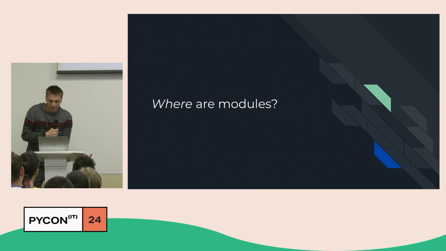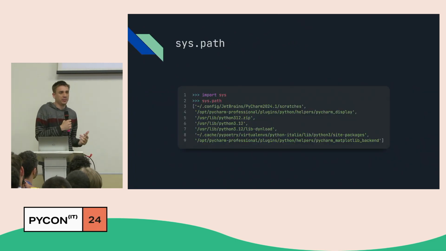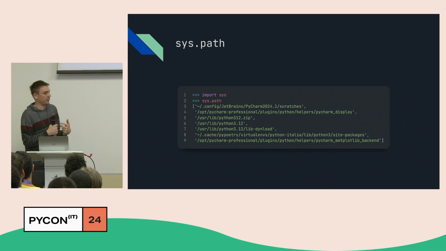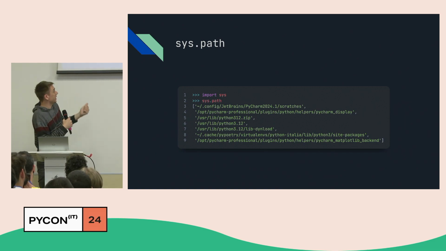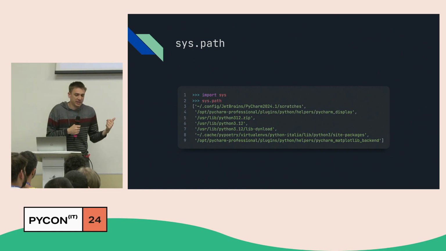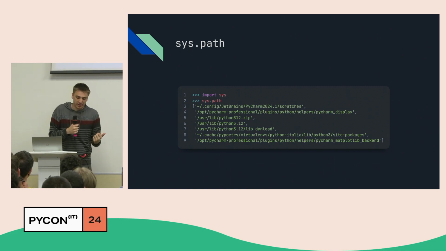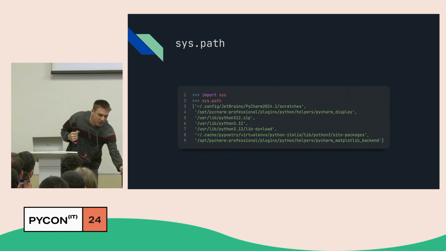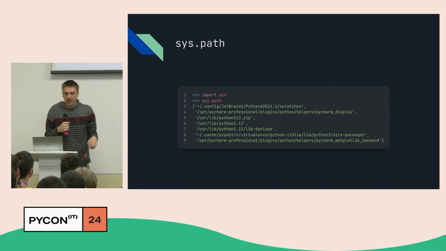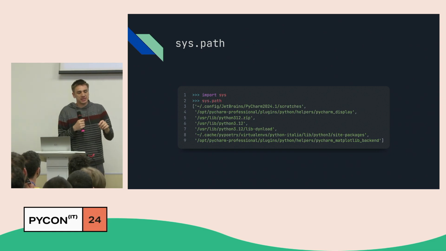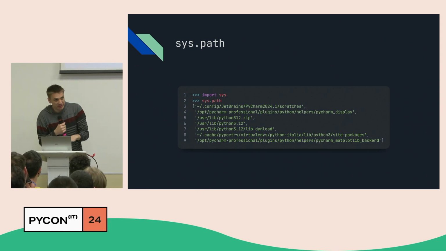Okay, where are modules? The default place that people refer to when they talk about importing modules and figuring out where they're going to come from is sys.path. And sys.path is used by one of the finders that exists in the standard library to figure out where to find source files specifically.